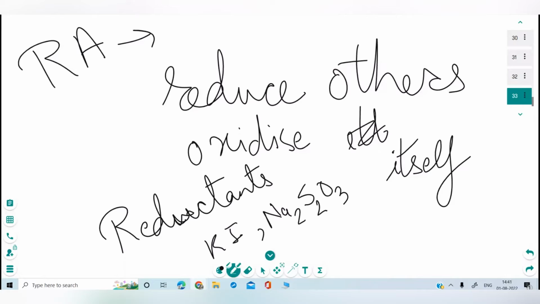So actual redox starts from here. Whatever we've done till now, we were actually understanding. Now you will see both the things, reduction and oxidation, taking place in one equation itself. So have you written this? Shall I move forward? I'll repeat it once again.